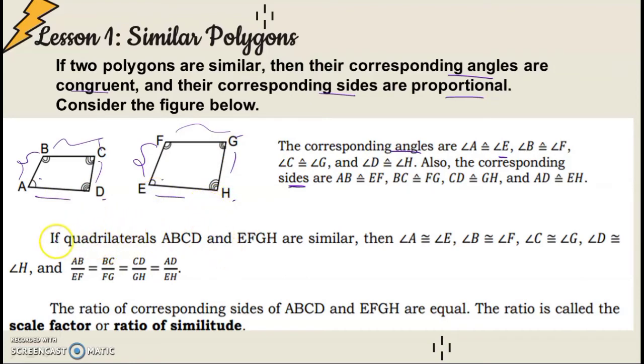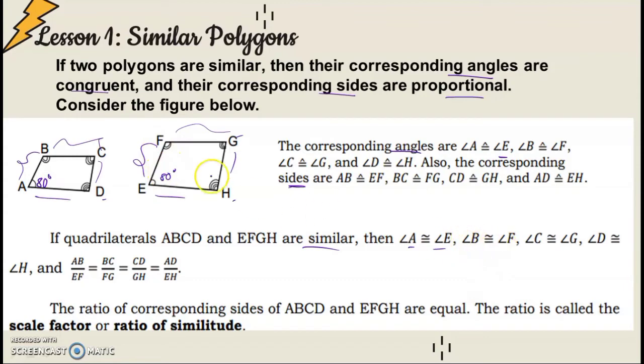So, dito, if quadrilaterals ABCD and EFGH are similar, kapag itong dalawang quadrilaterals na to ay similar, automatic na yung corresponding angles niya is congruent. So, ibig sabihin, kung ang measurement ni A is, for example, 80 degrees, itong si E is 80 degrees din.